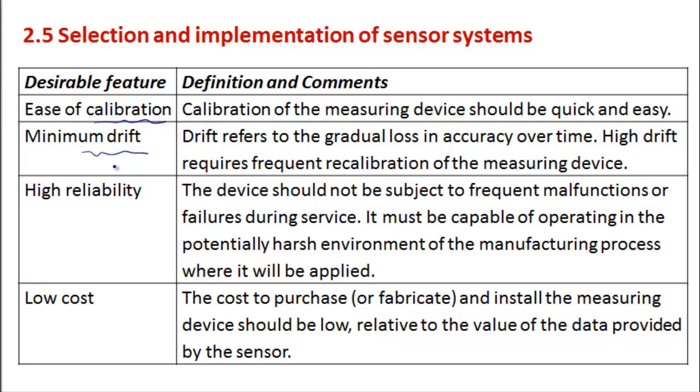The loss in accuracy should be very gradual in time. Then it should be highly reliable, its value should be accurate, and it should also have good sensitivity. And the last is that it should cost as low as possible.